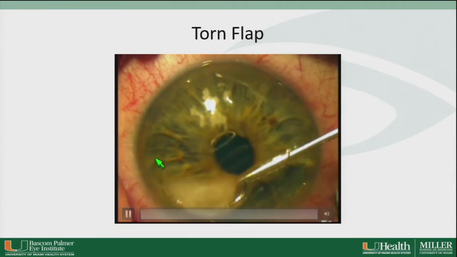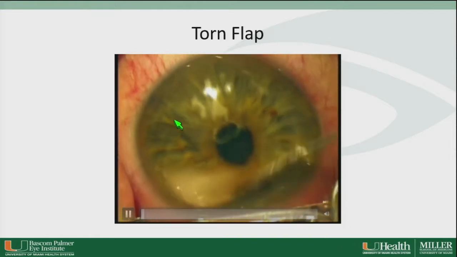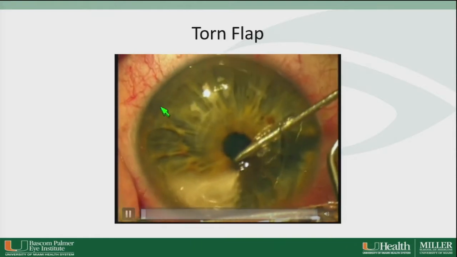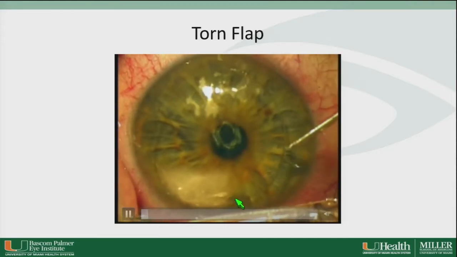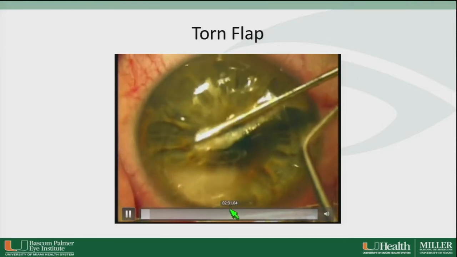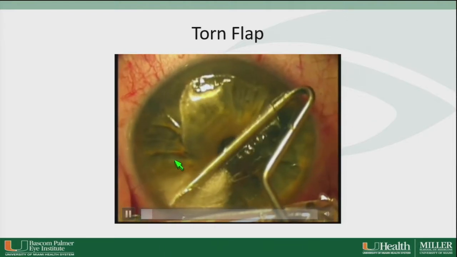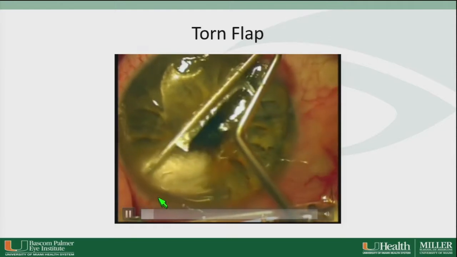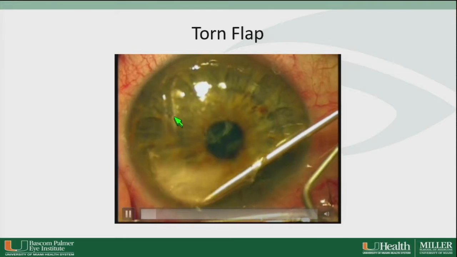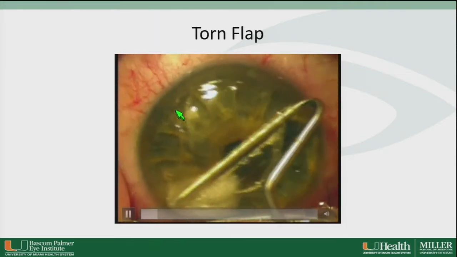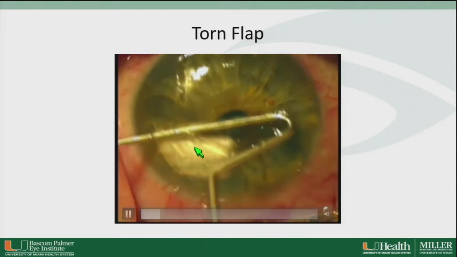So here is an example of a torn flap, and the surgeon does not recognize an area of vertical gas breakthrough in the periphery. So they continue with a superior to inferior sweep as such, and when they get to this area, you can see that there's a little resistance through this OBL, and what happens is in the area of the vertical gas breakthrough, there is a torn flap because there's an area of adherence.